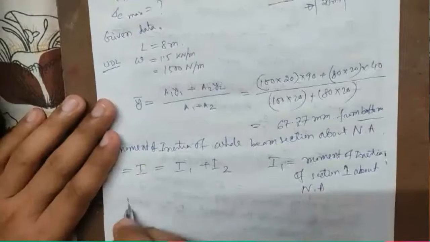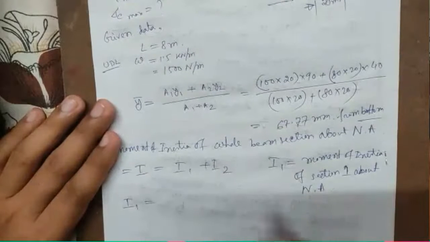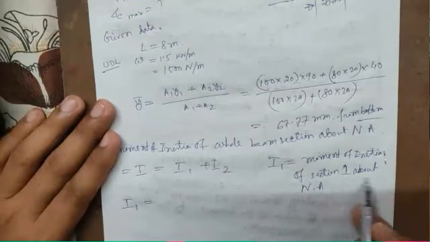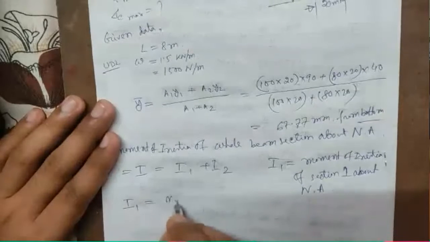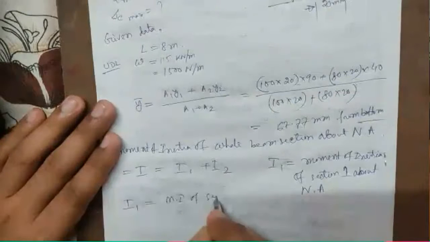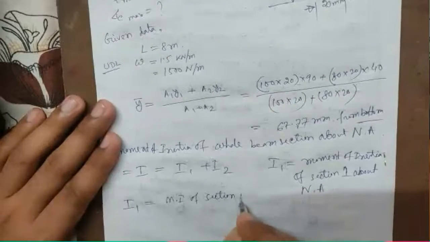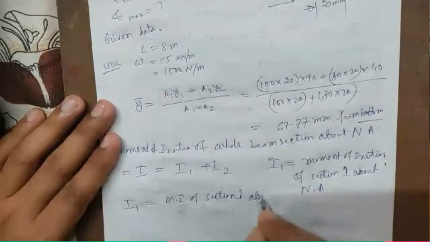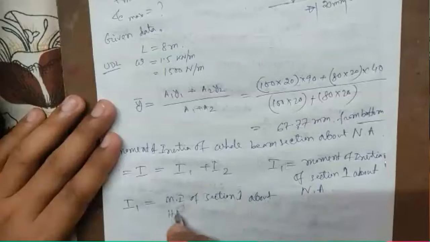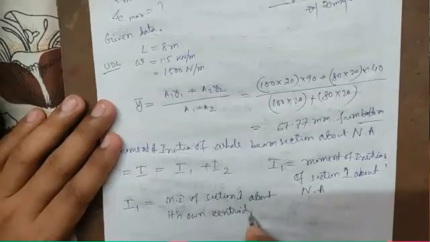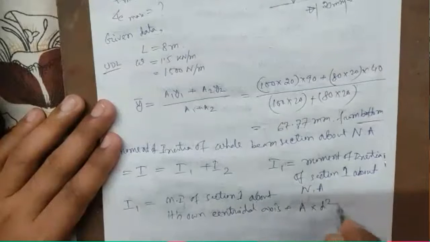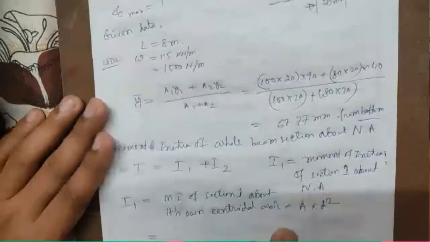Let us find it out. I1 is the moment of inertia of section 1 about its own centroidal axis plus A into d square, just as we have done in the earlier problem.